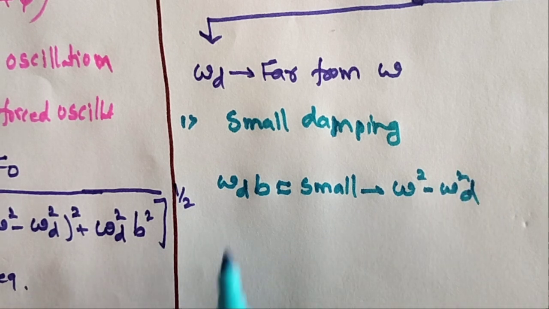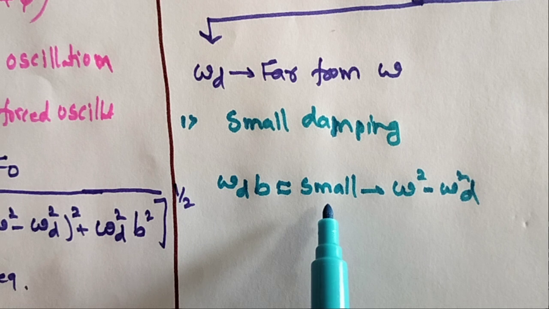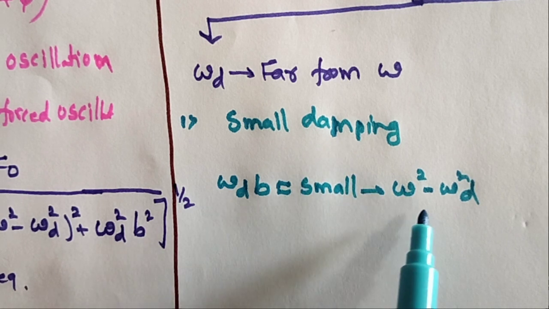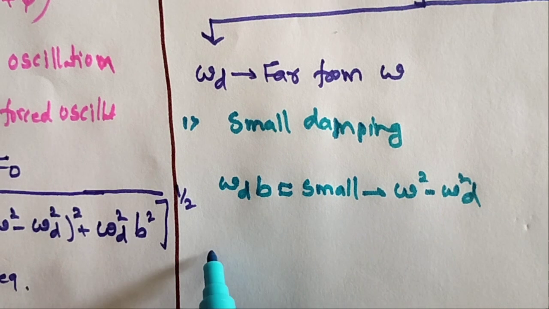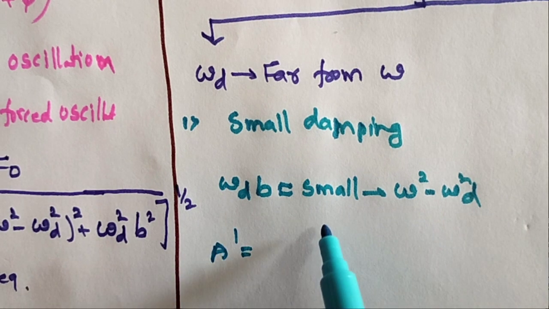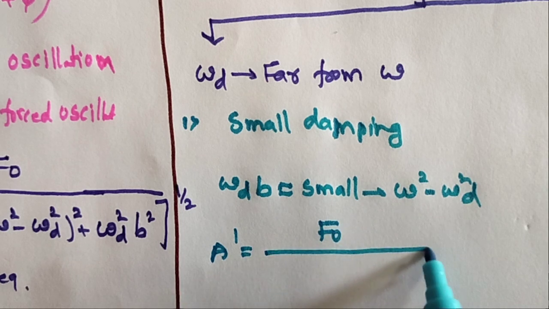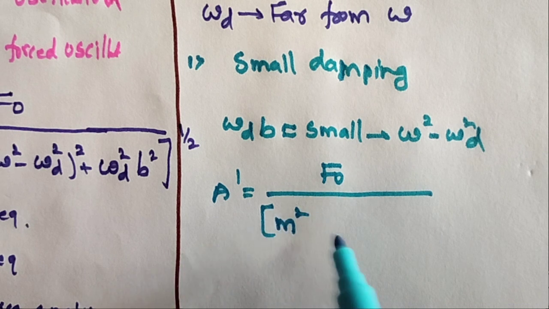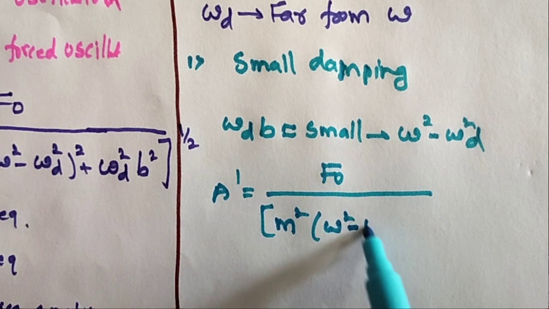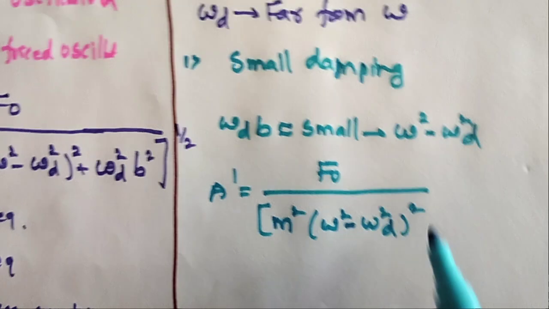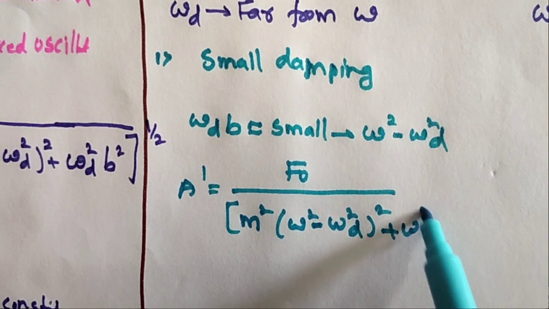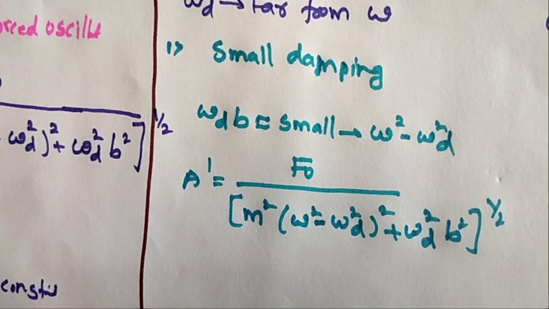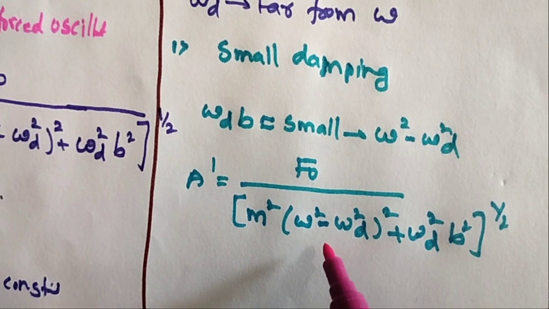So omega d b is very small, that is small damping. So I will write A dash is equal to F naught by, here I am writing the amplitude equation, m square omega square d whole square plus omega square d b whole power 1 by 2. So this value is very small compared to this value.